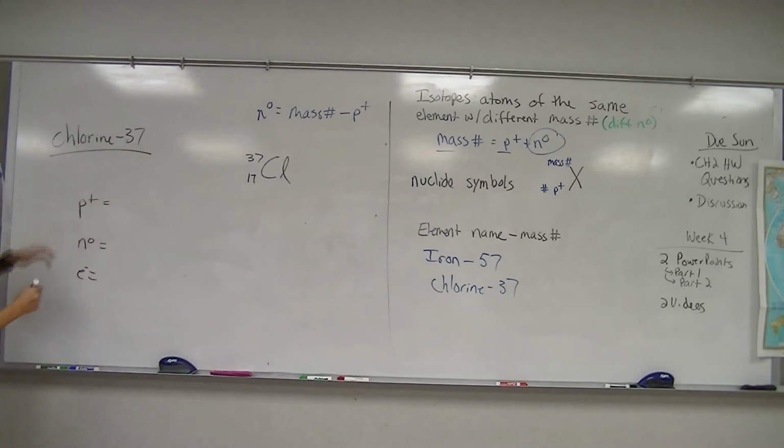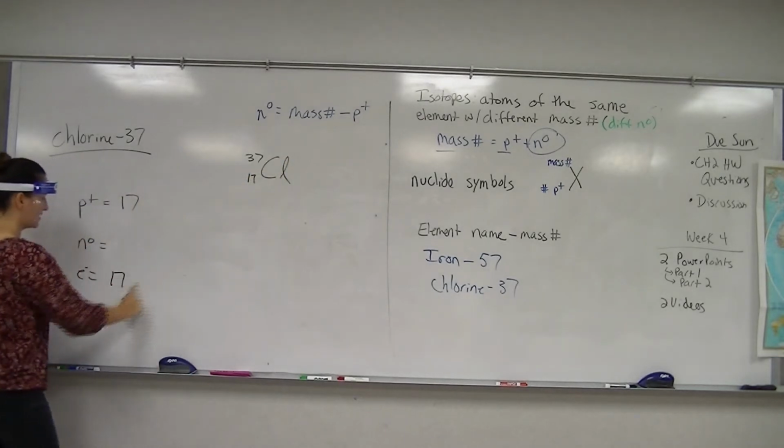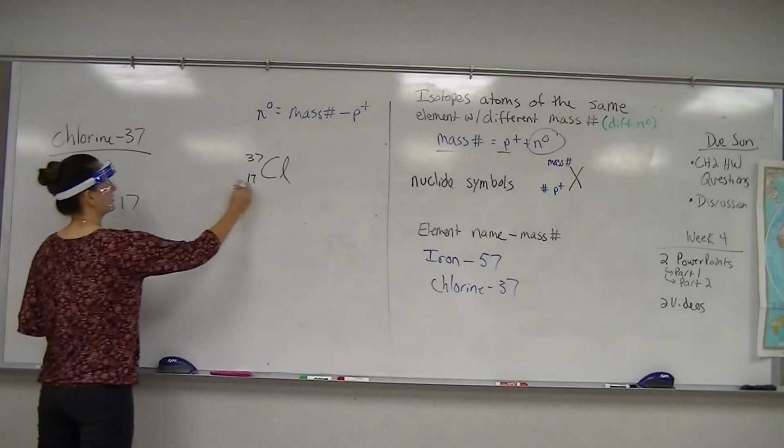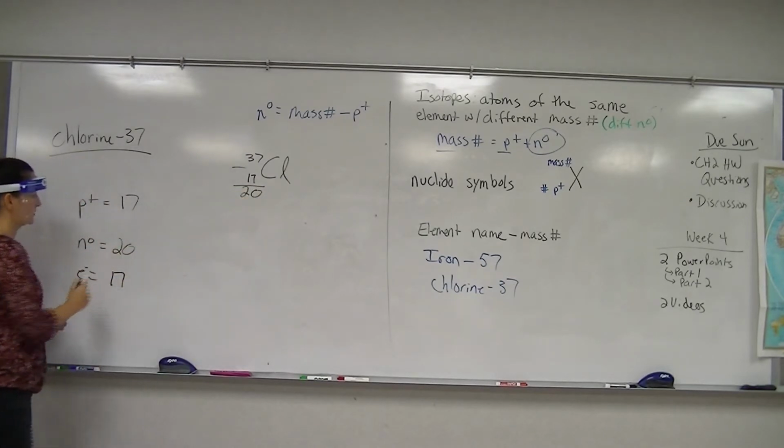All right, so protons we just said were 17. That's the easy part. How many electrons? 17 as well. It's neutral, right? There's no charge here, so that means these have to be the same. They're the only two subatomic particles that affect the charge. And then the neutrons, subtract, so 20.